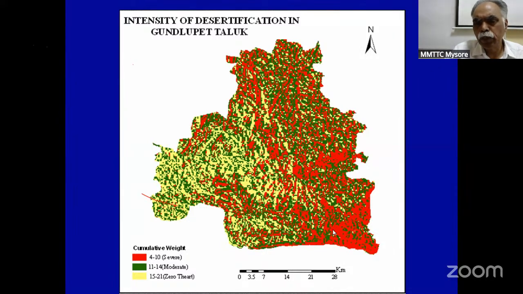In this Gundlupeta taluk, so many villages are getting dried, which once upon a time, see, this Chamarajanagara and Gundlupeta were a forest region. You can imagine, forests do not come, or big, huge trees will not grow, if there is a very bad climatic condition which is not congenial for their growth.